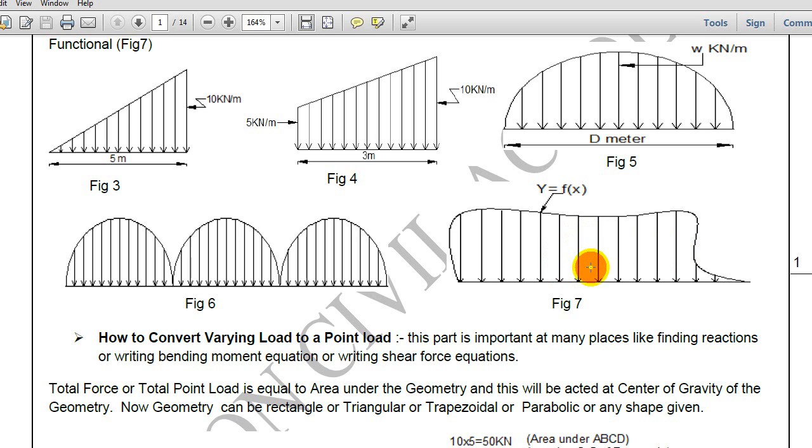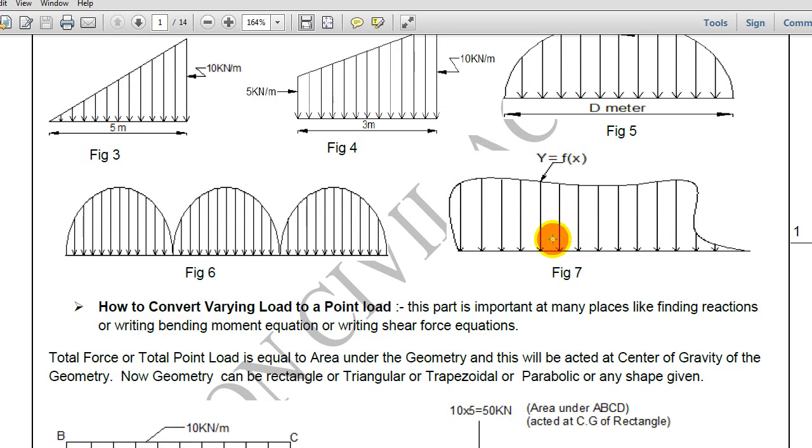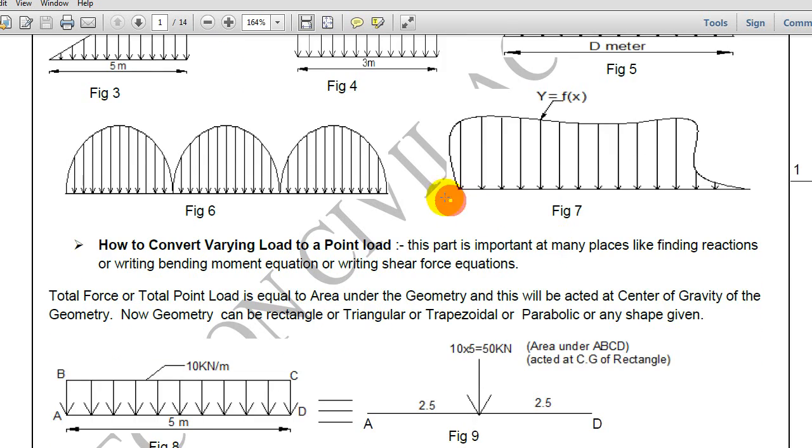Now in our calculation part, the most important thing is we have to convert this total load into a point load for writing the shear force equation, or writing the bending moment equation, or finding the reactions.